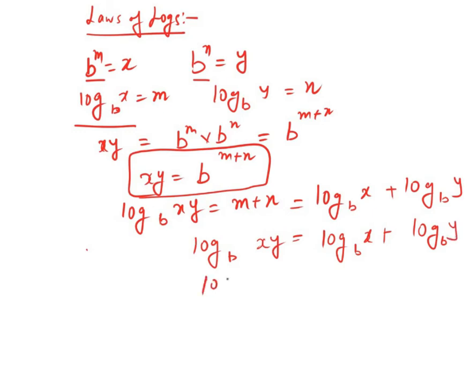So if I have log of 5 times 2 to the base of 2, I can say log of 5 to the base of 2 plus log of 2 to the base of 2. All right, so that's the first law, law number 1. That was a multiplication law, which results in addition.